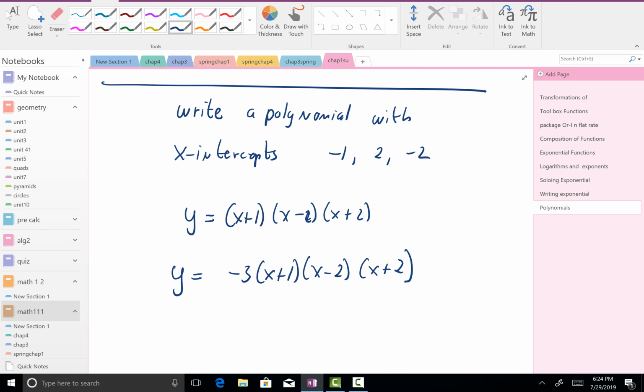What really matters is these guys, right? This number in front, this A value, does the exact same thing as with the parabolas and all the other transformations. It's either going to reflect it or it's going to stretch it. That's all that does. Nothing different. Where did you get the -3? I made it up.